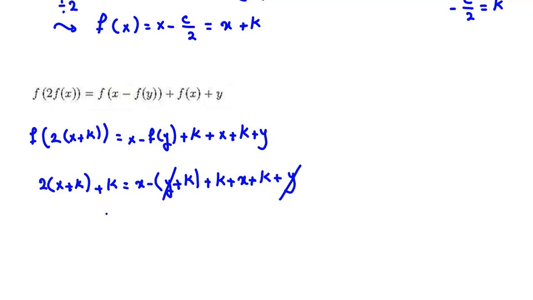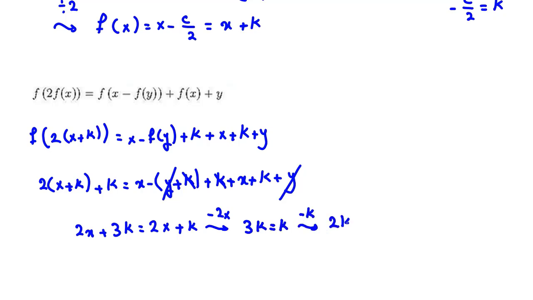Negative y we can cancel. The left side is 2x plus 2k plus k, so 3k. X plus x is 2x. Negative k you can cancel with k plus k. So if we subtract 2x, then 3k equals k. If we subtract k, 2k equals 0, then k equals 0.